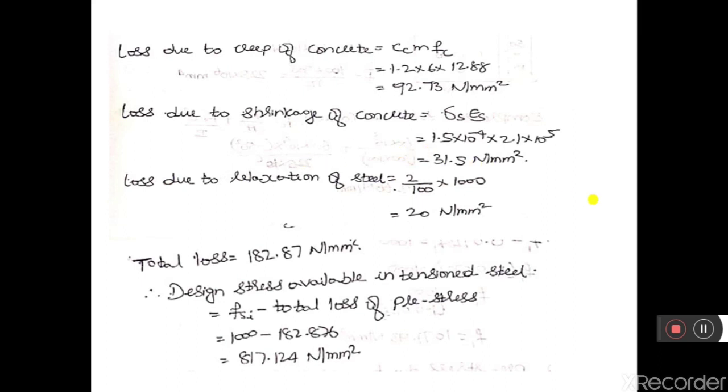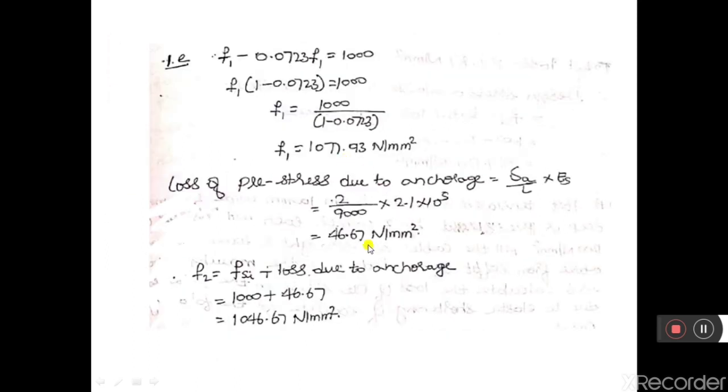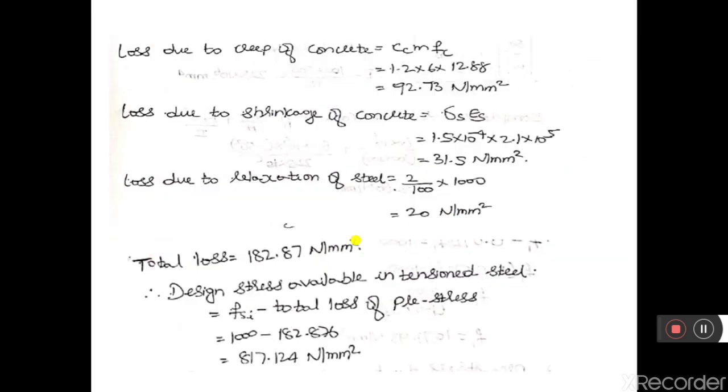Therefore, 20 Newton per mm square will be the loss due to relaxation of steel. Therefore, the total loss that will occur in the cable is 92.73 plus 31.5 plus 20 plus 46.67 plus 77.93. So the total loss that will occur in the cable is 182.87 Newton per mm square.